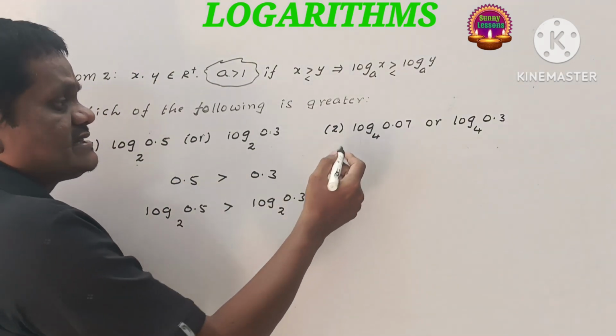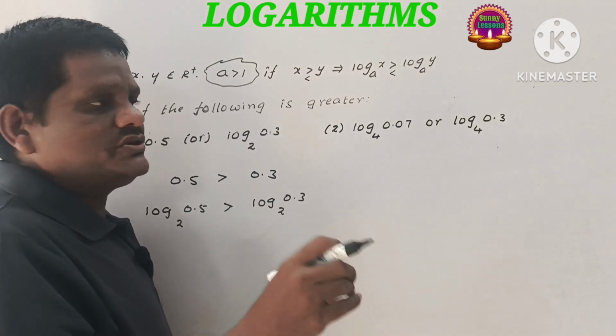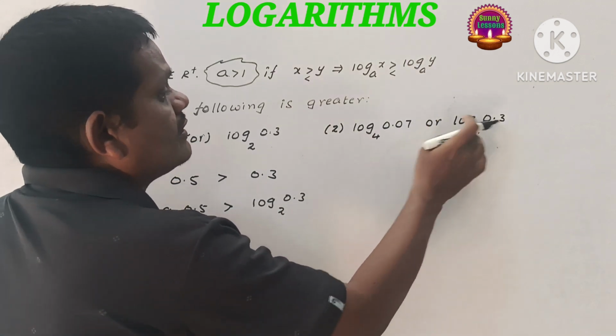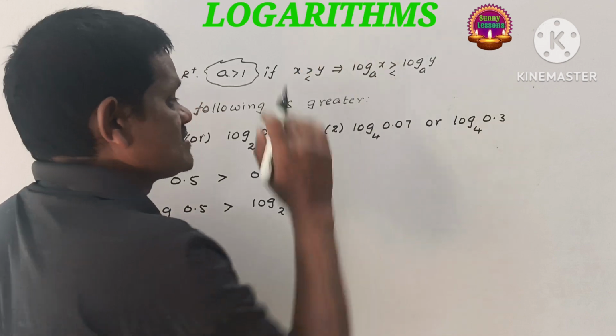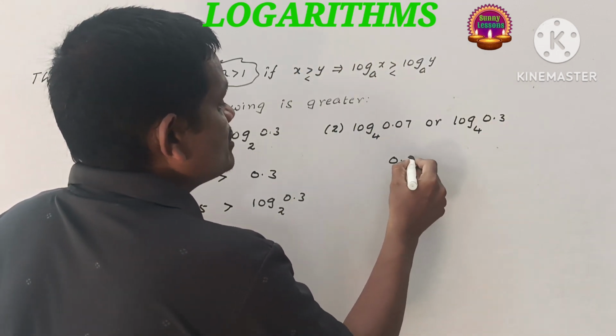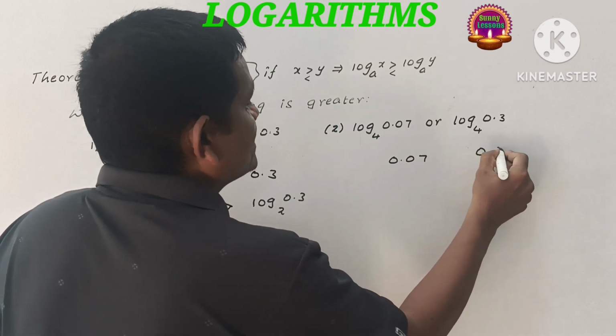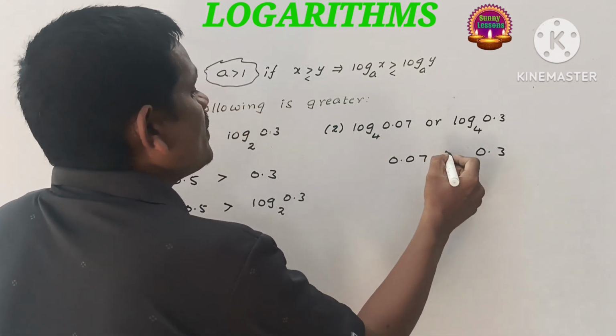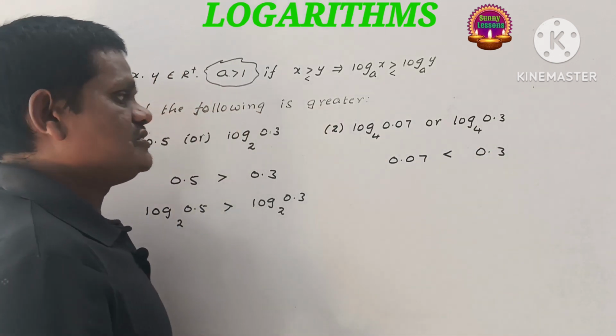Next, the second one is log 0.07 base 4 or log 0.3 base 4. In this case, we have to compare 0.07 and 0.3. Of these two, 0.3 is greater than 0.07.